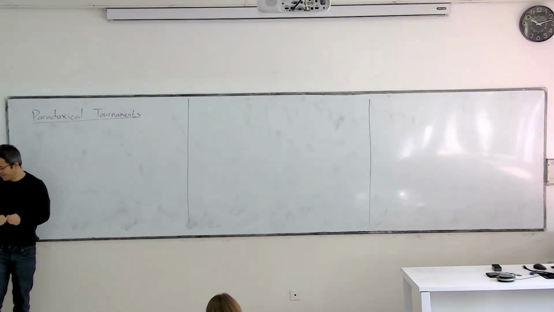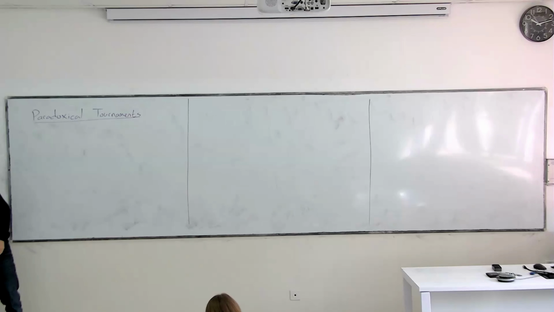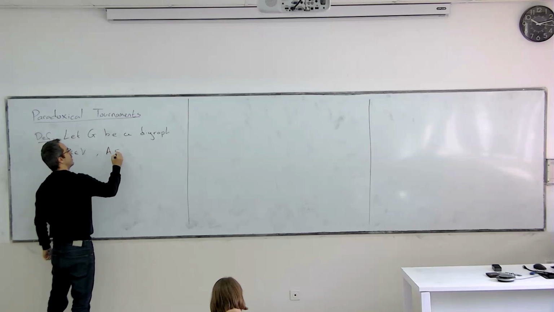So what is that? Well, I need a small definition before we can actually say what that is. If you have a directed graph, you just write it as a diagram, and you're looking at a vertex subset.